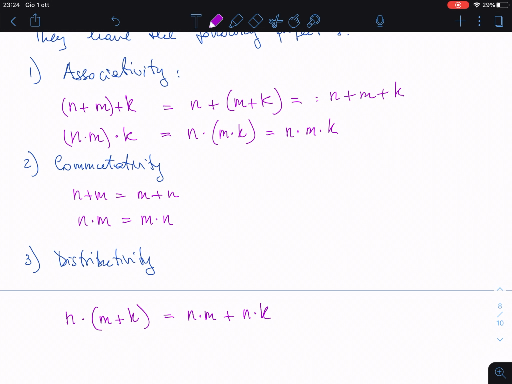Okay, you know this holds. This is basically the whole list of properties, and there are some others.